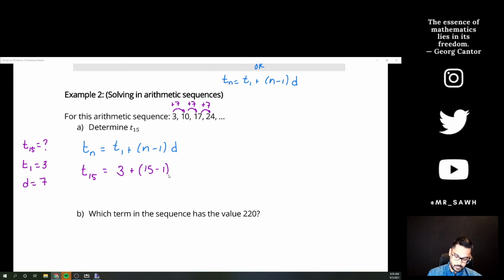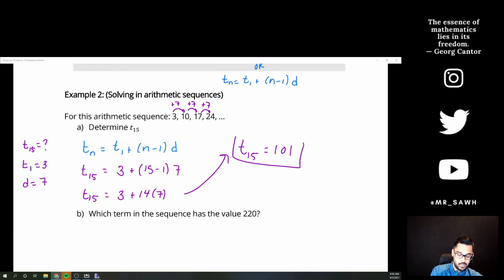There we go. So I need to account for 14 times we're going to add 7 to get to that 15th term. So we can calculate the 15th term pretty easily as 3 plus 14 multiplied by 7. So our 15th term is 101. If you take 3 and add 7 to it 14 more times, you're going to get 101. Okay, that's pretty straightforward.